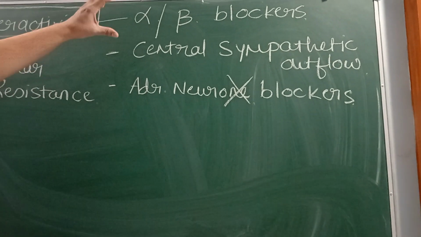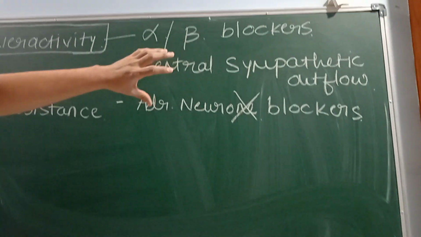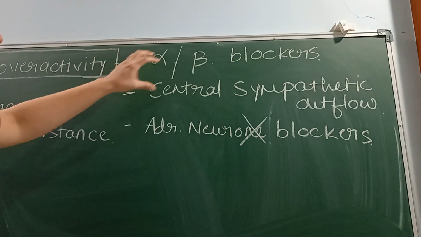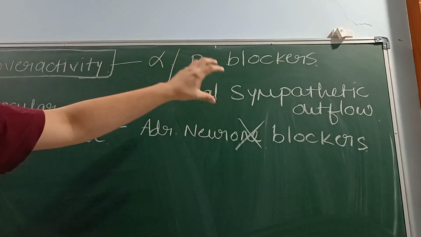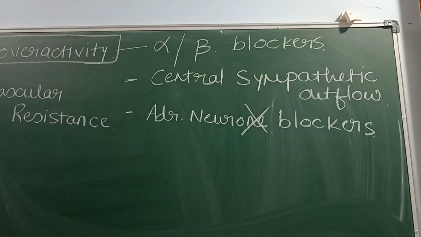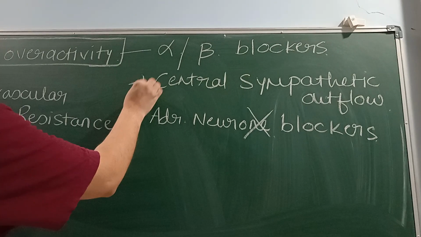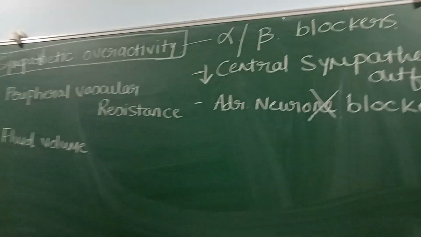So these are the principal target agents: alpha blockers, beta blockers, and central sympatholytics. Fine? The drugs that reduce the central sympathetic outflow.